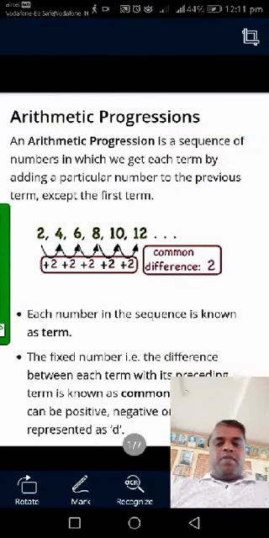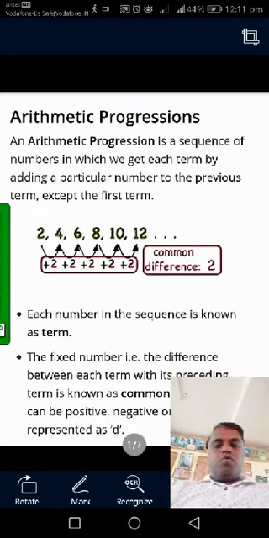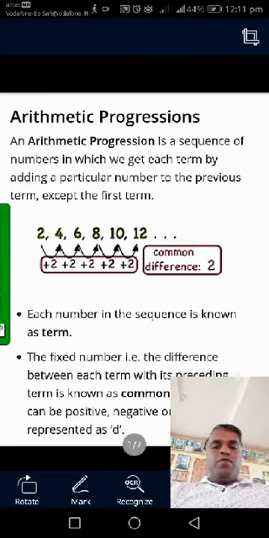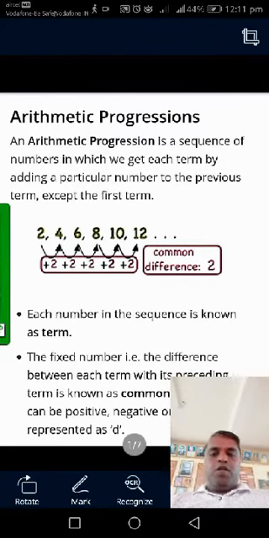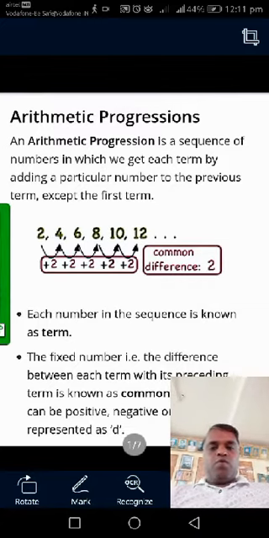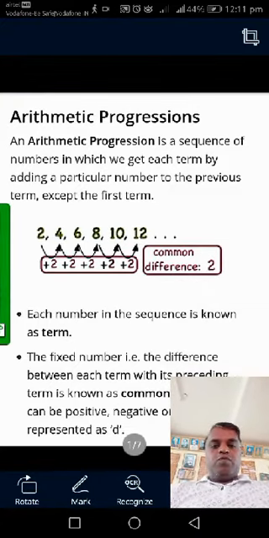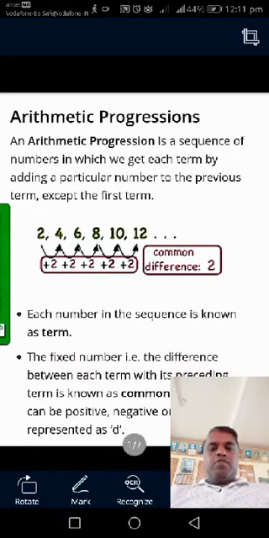The common difference is 2. The difference between 4 and 2 is 2, 6 and 4 is 2, 8 and 6 is 2, 10 and 8 is 2, 12 and 10 is 2.